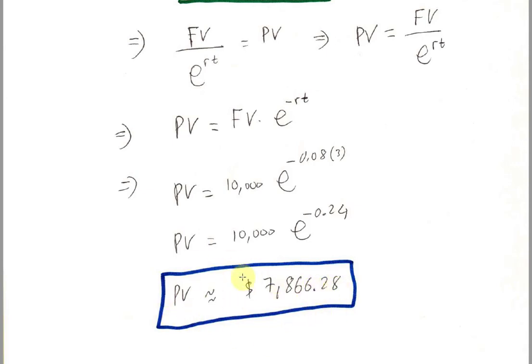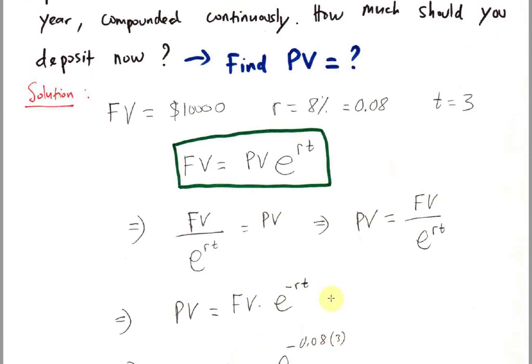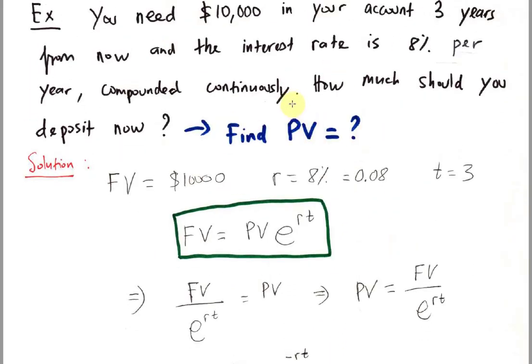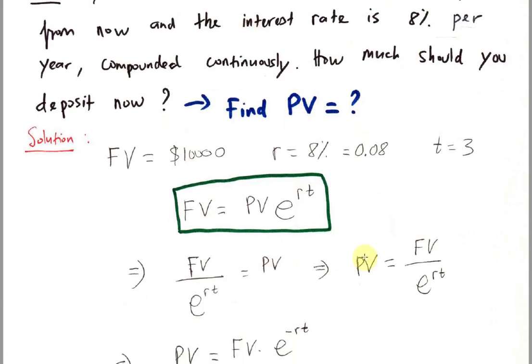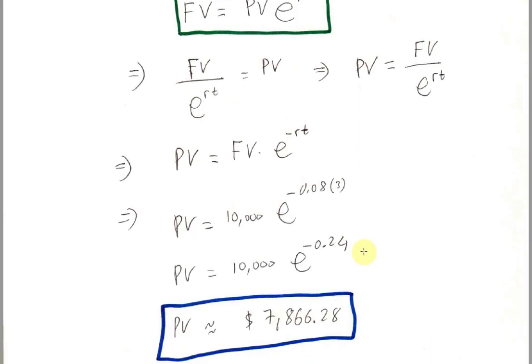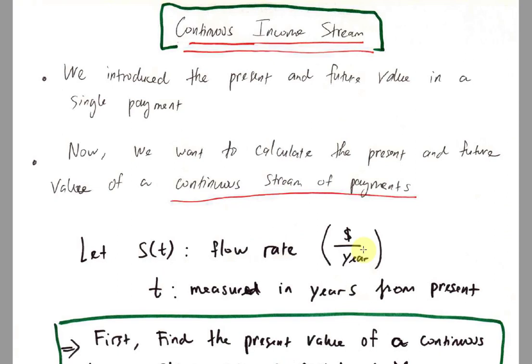So this is the amount of money that you should put into the account in order for it to roll up to $10,000 in 3 years. So that is the discrete income stream. That means we only have a one-time payment for the present value.